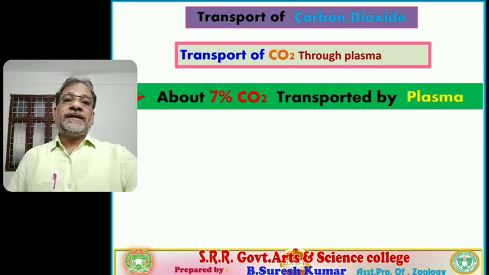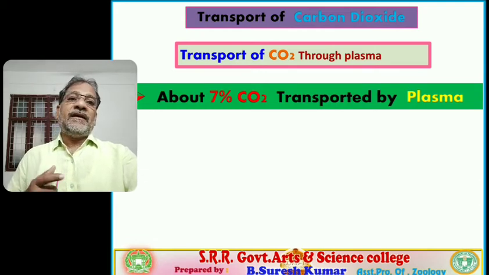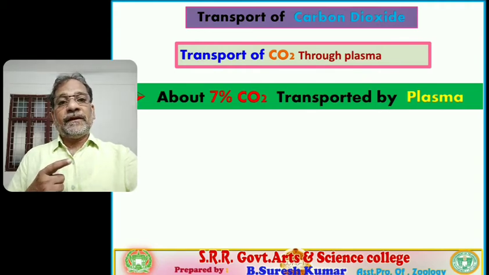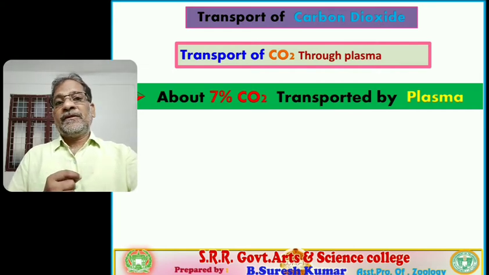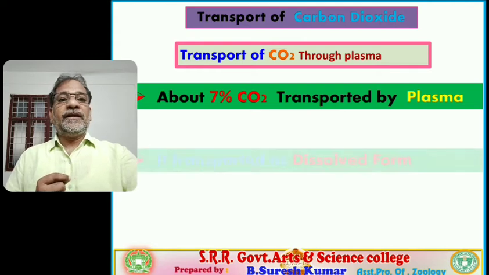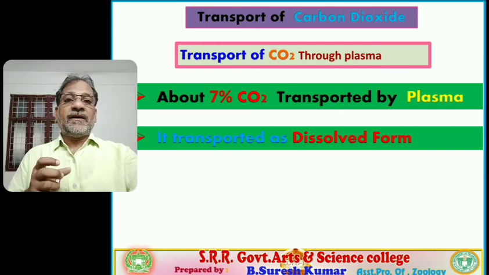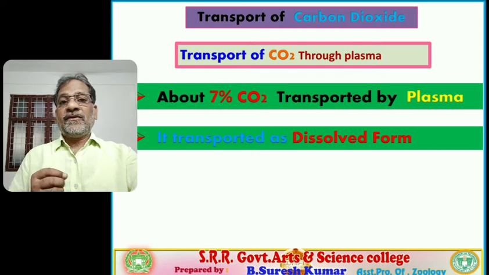About 7% of carbon dioxide is transported by plasma. The fraction, about 7% of carbon dioxide, is transported through blood plasma. In what way is it transported? In dissolved state. Here the carbon dioxide gas solubility is greater than oxygen.